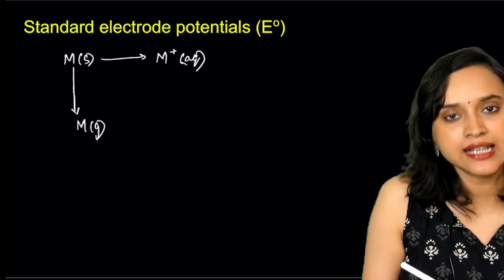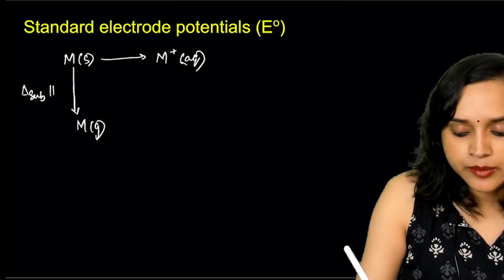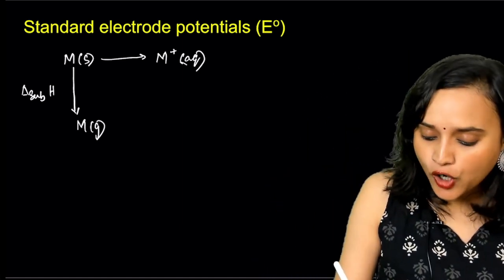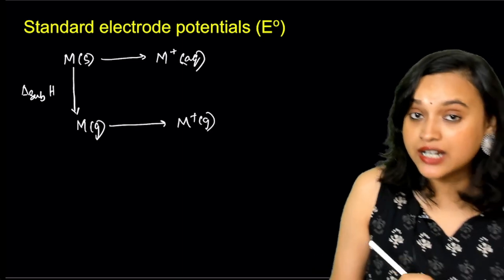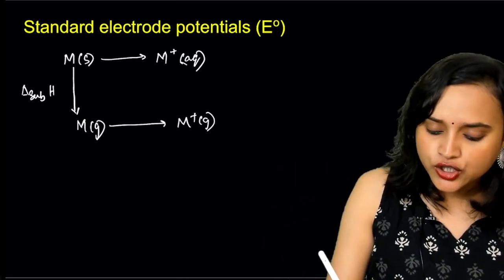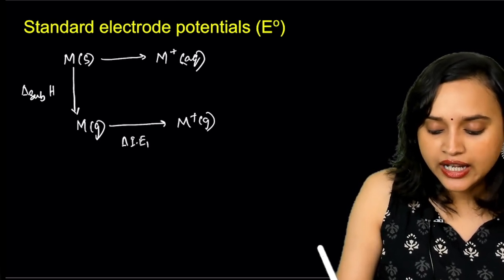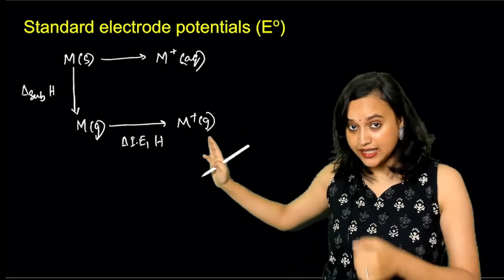At this point, what energy do you have to give? You have to give sublimation energy to convert it to gaseous state. Correct. Now from here, you have to take away one electron from its gaseous, isolated atom. That means you have to give ΔH ionization energy 1. Is that true, everybody? And please understand this, okay?